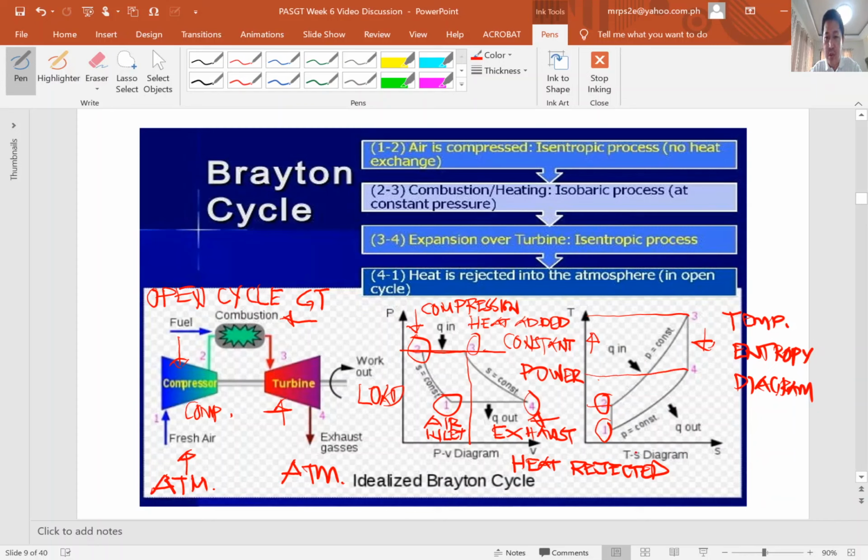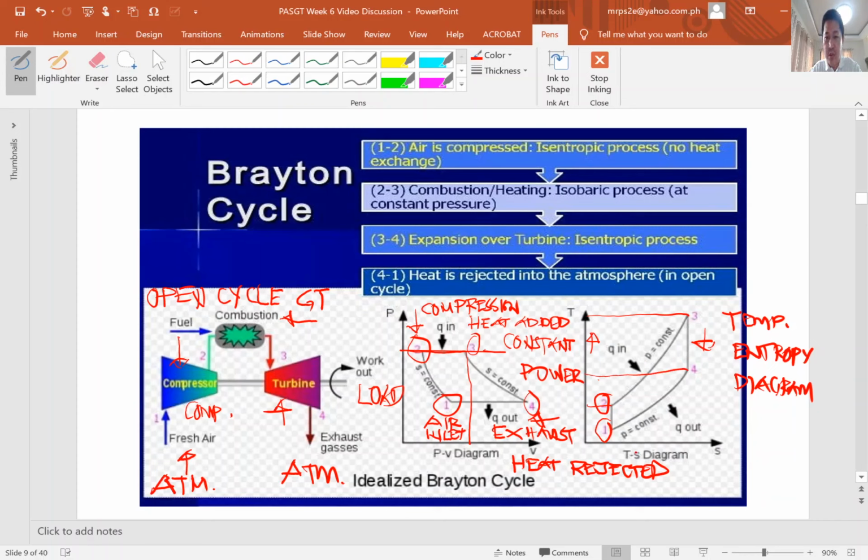Variant: closed Brayton cycle. This is the closed cycle of the gas turbine. A closed Brayton cycle recirculates the working fluid; the air expelled from the turbine is reintroduced into the compressor.